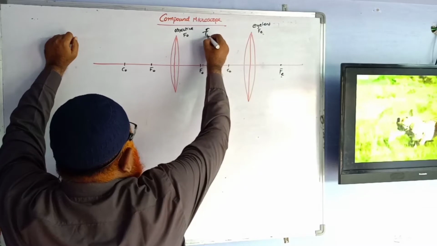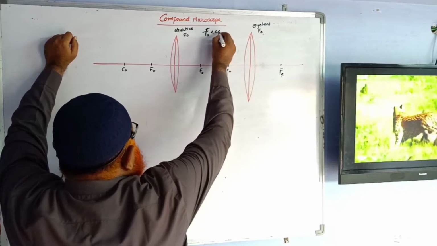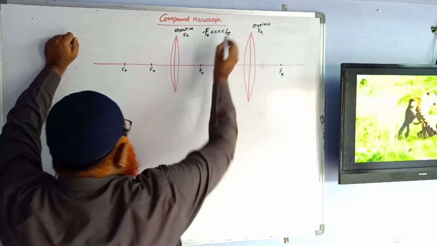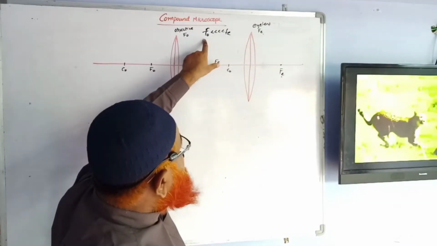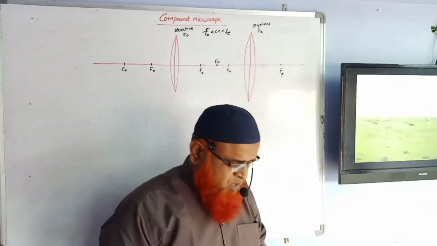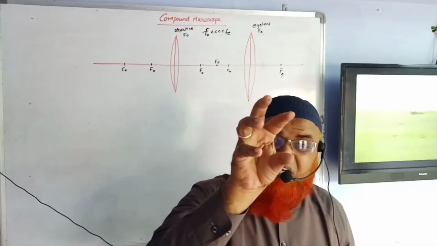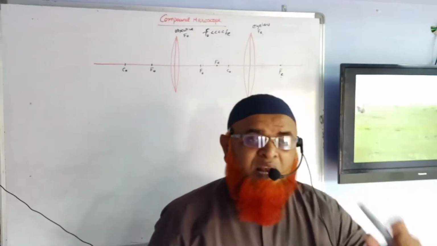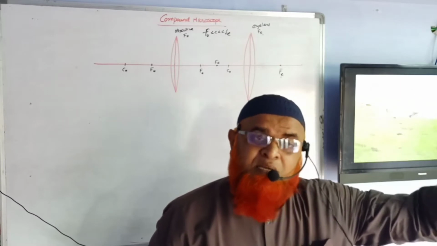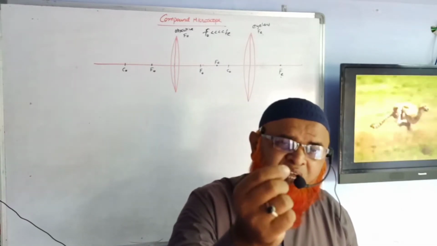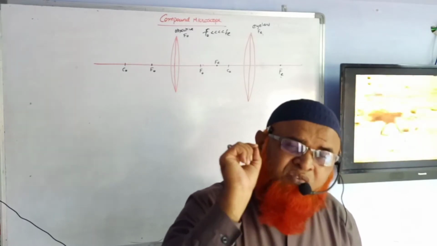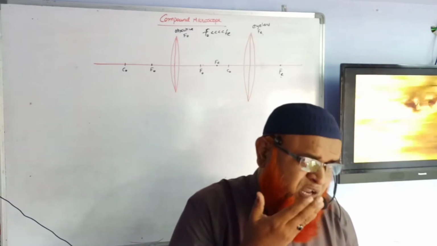So when you observe here, the focal length of the objective is much less than the focal length of the eye lens. So always the focal length of the eye lens is larger compared to the focal length of the objective. Why is it so? Why is the focal length of the objective less and the focal length of the eye lens more? What is the reason for that? Because you are seeing very small objects which you are keeping very close.